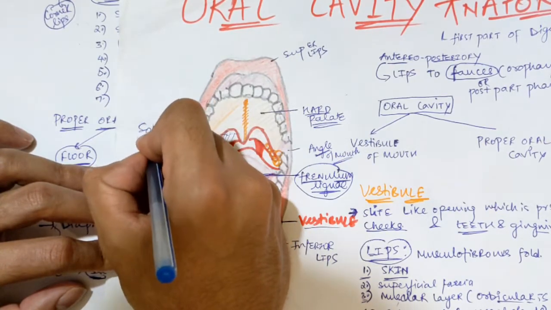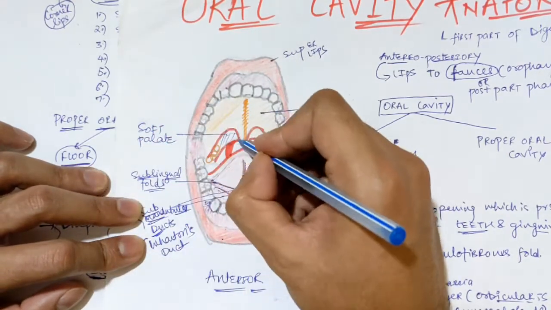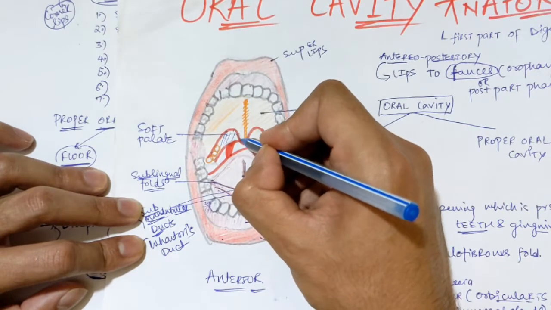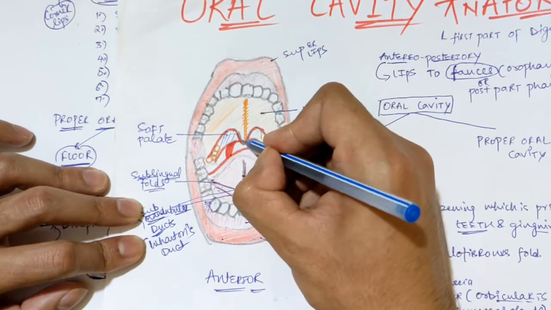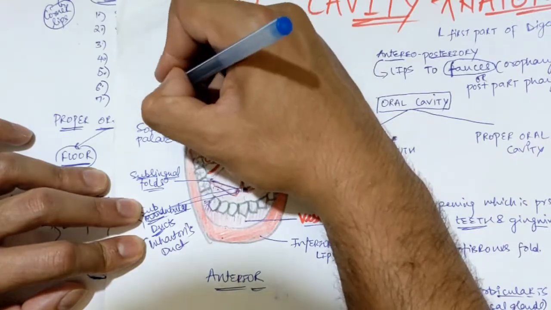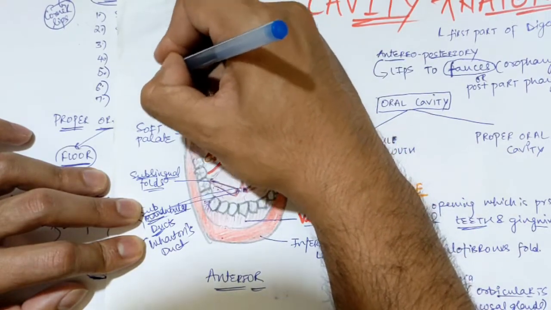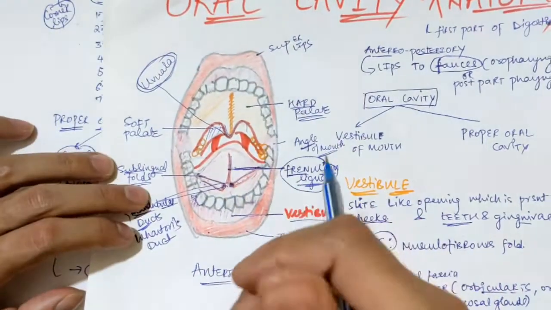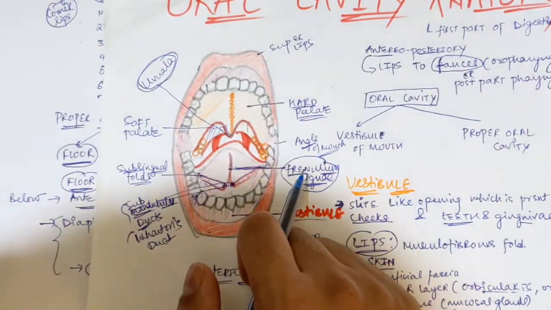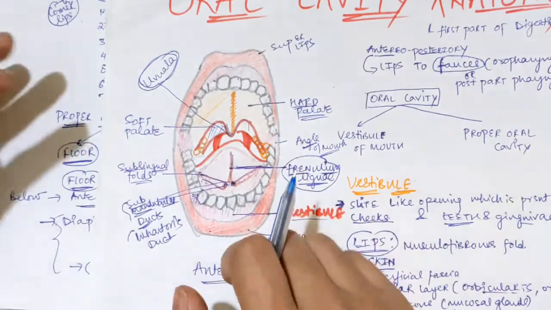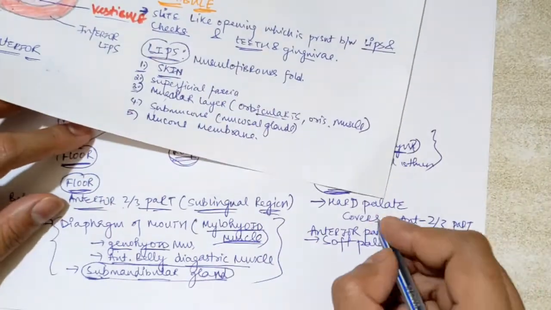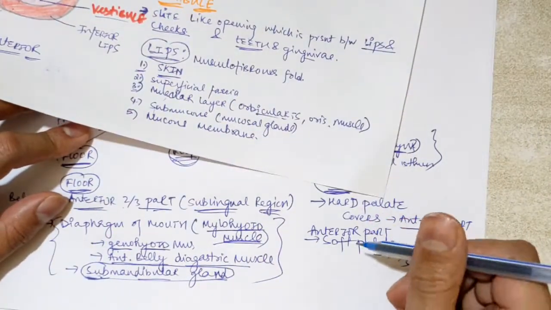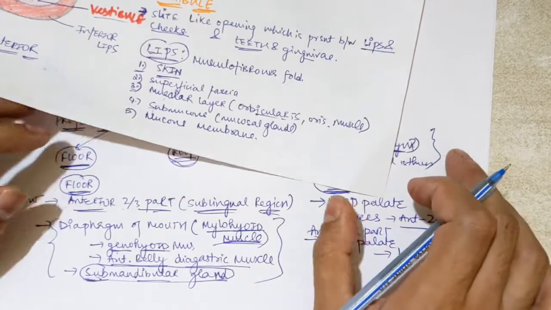The soft palate's posterior part ends in a conical projection called the uvula, at its posterior inferior part. So this much is clear: the roof is formed by the hard palate, formed by bones, and the soft palate.